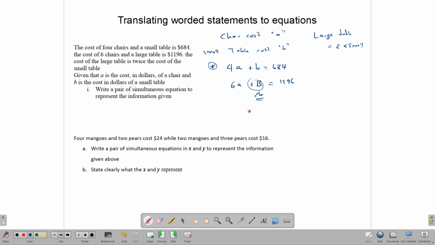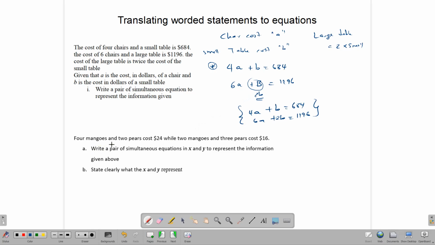So now we have 4A plus B equals 684, and we also have 6A plus 2B equal to 1196. These are the equations that we need to work with. Notice that we replace the large table with 2 small tables.